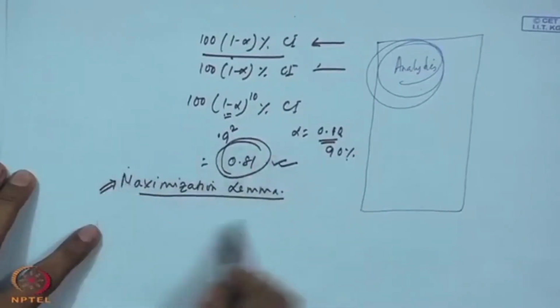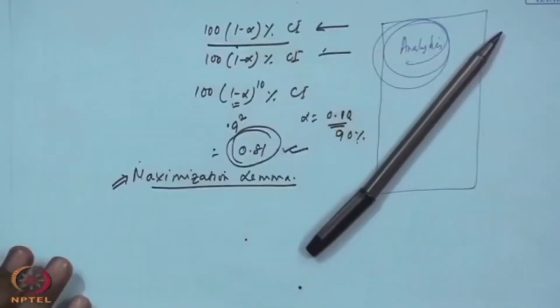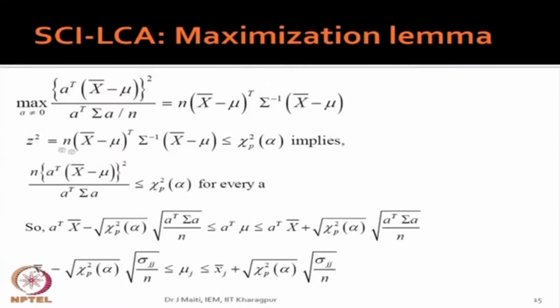You require some modification, and that modification is given here by using the maximization lemma, that T square, n times x bar minus mu transpose, follows chi-square distribution.